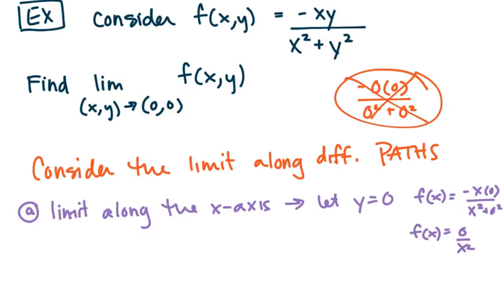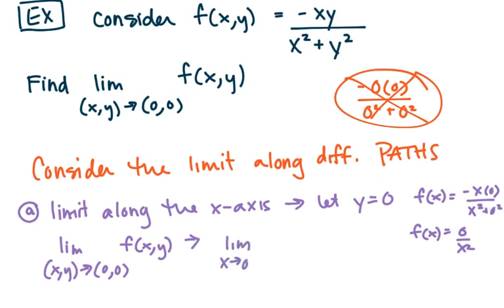So in this situation, if I think about this limit as (x,y) approaches (0,0), if I let y be 0 for this function, that means essentially I'm doing the limit as x approaches 0, and my function became 0 over x squared, which is the limit as x approaches 0 of 0, and of course that limit is 0.